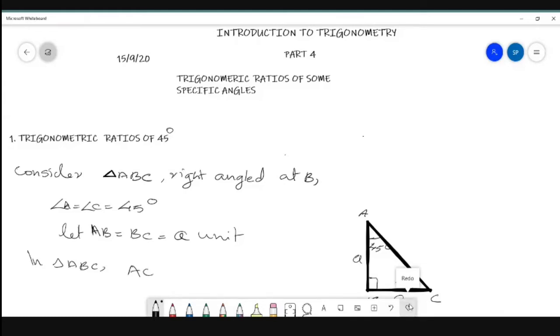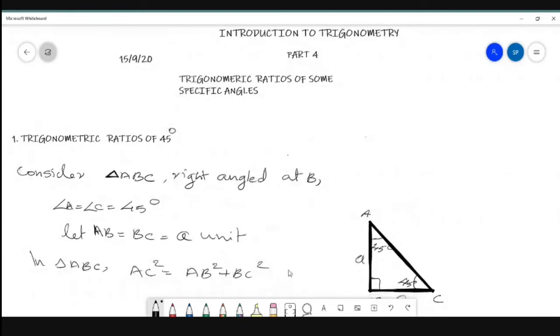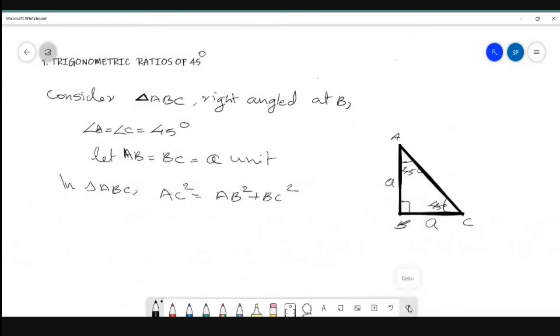Then if you want to find the trigonometric ratios, we must know the three sides of the triangle. So let us find the side AC of the triangle using Pythagoras theorem. So AC square equal to AB square plus BC square. We have taken the sides of the triangle as A unit.